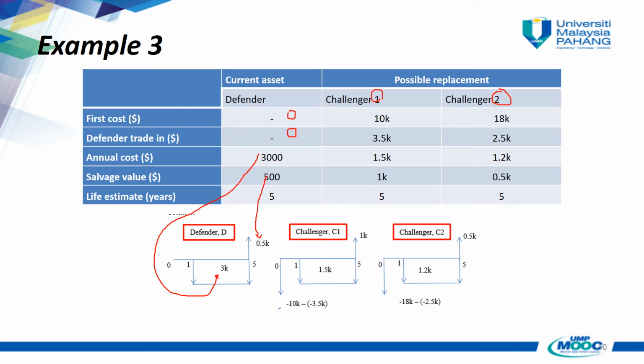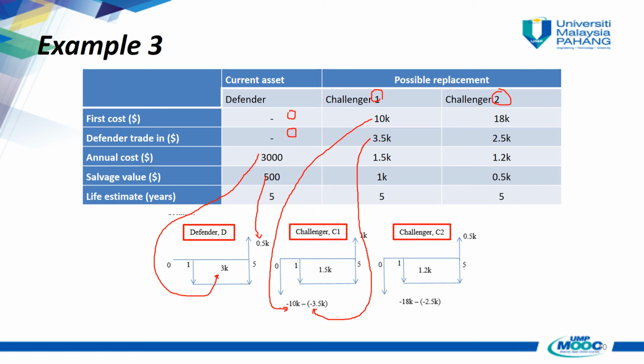If we would like to replace it with Challenger 1, the first cost to buy it is 10,000. However, if we use this, we will get back money in the form of a trade-in of our defender.